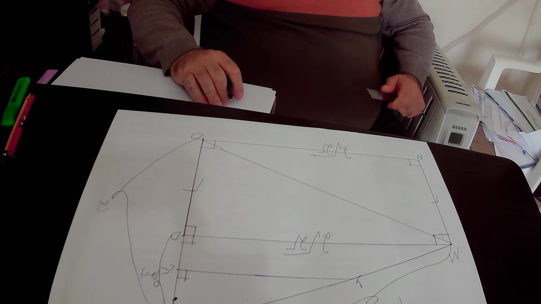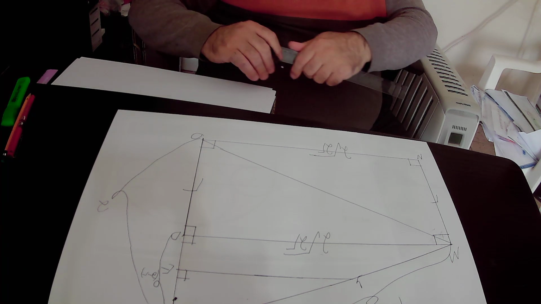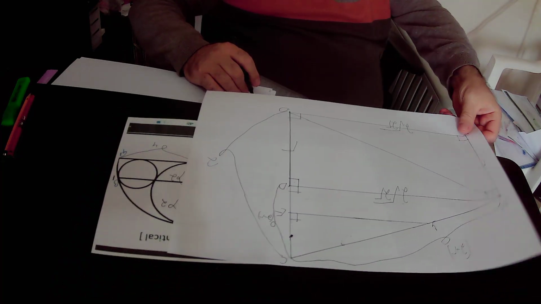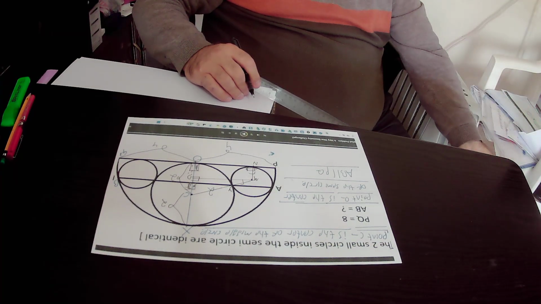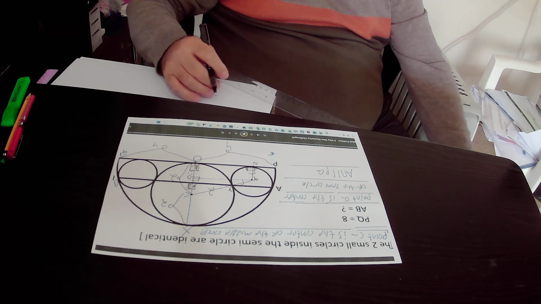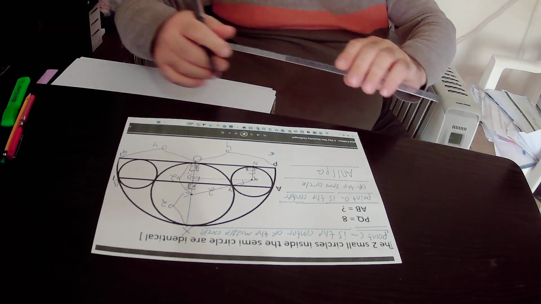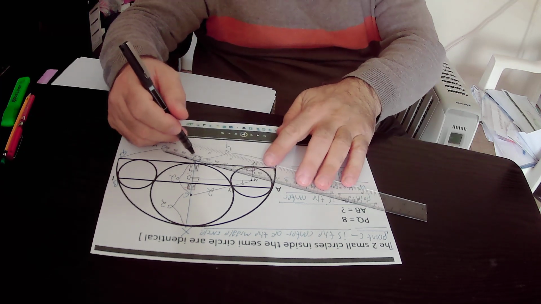And we will calculate the value of MO from the original drawing. Here we will join together points M and O by a straight line.